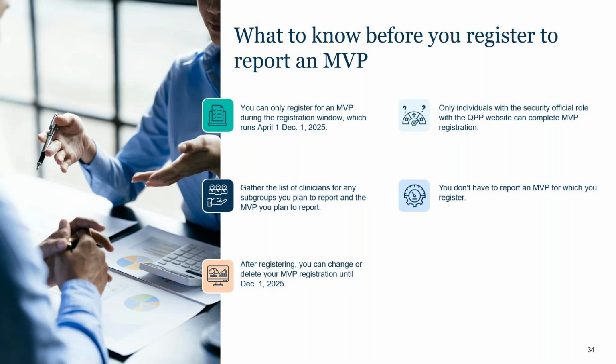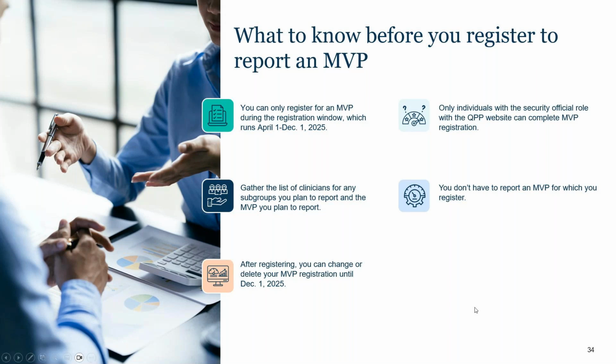In order to register for an MVP, you'll need to provide your list of clinicians for any subgroups that you plan to report. So as we just talked about, you can track performance throughout the year in any number of different groupings, subgroupings, and MVPs, but when it comes time to actually register, you'll have to provide CMS with a list of clinicians within each subgroup if you plan to report on a subgroup.